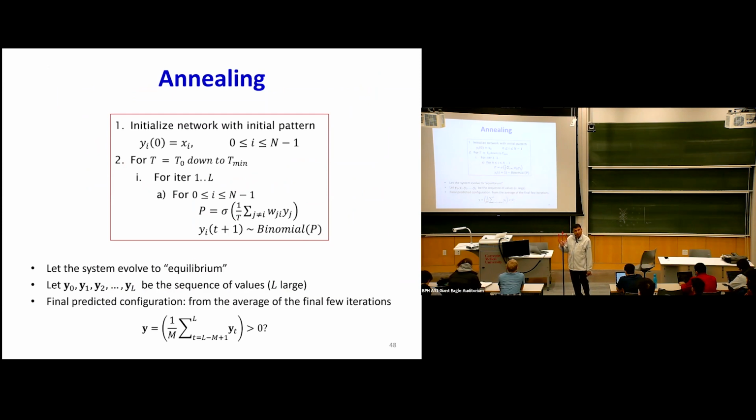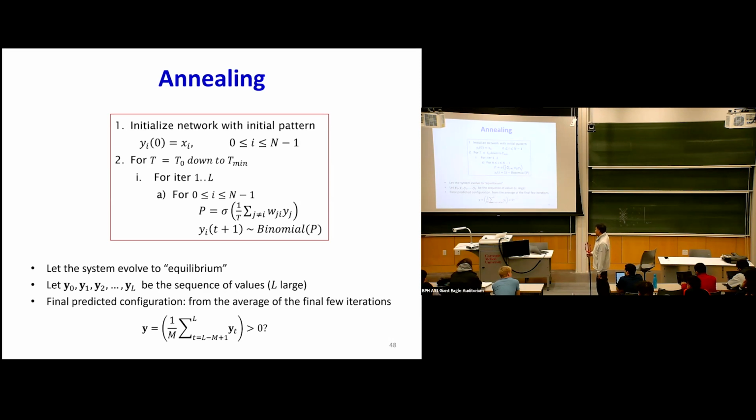The concept of annealing actually was introduced in the machine learning literature by people who were working on Boltzmann machines way back when, actually Hinton. So you initialize the network with the initial pattern, then set the temperature initially to some large value T0, and let the temperature reduce slowly in steps towards a minimum value, which could be as low as 0.